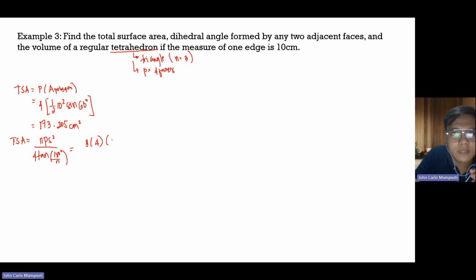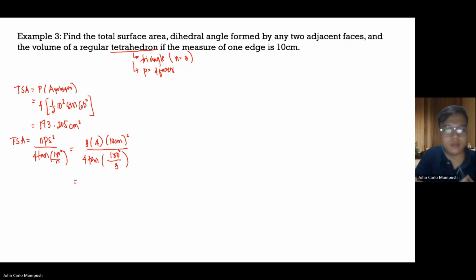Length ng edge natin is 10 centimeter squared all over 4 tangent 180 degrees. You can see this is triangle, so therefore n is equal to 3. So, 3 times 4 times 10 squared over 4 tangent 180 divided by 3. Okay, parehas tayo, no? So, 173.205 square centimeters. So, meron na tayong total surface area.